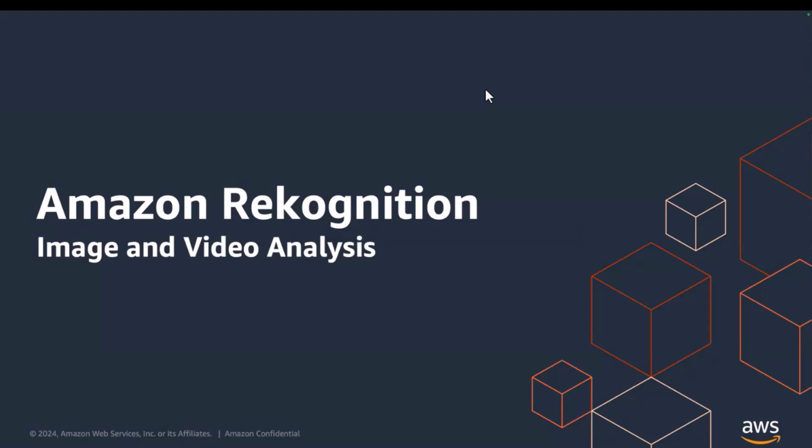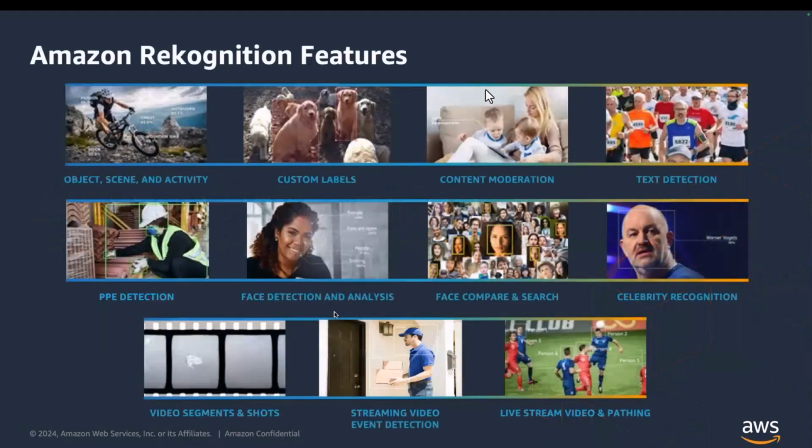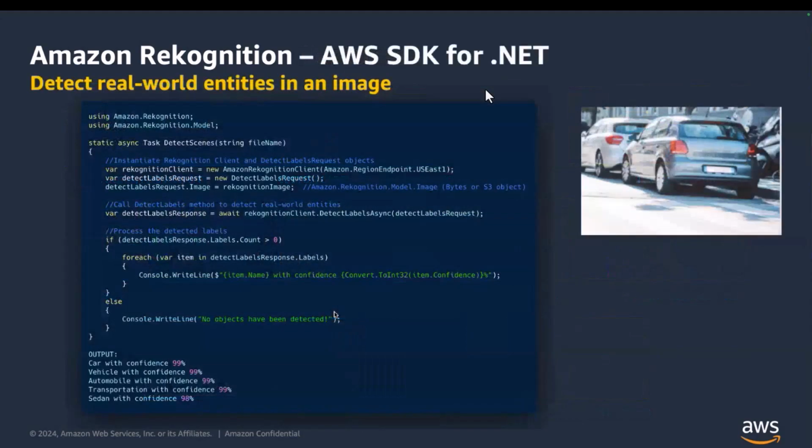We have an image and video analysis service called Amazon Rekognition. Again, think about it maybe for facial detection, or for getting an understanding of what is in an image, as in what objects are in the image, or maybe you need it for content moderation if there's anything inappropriate, all those kinds of things. And the API and the SDK is very predictable.